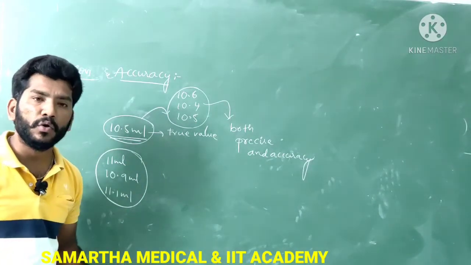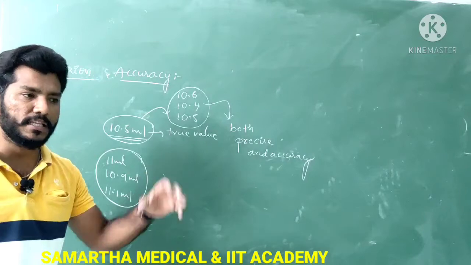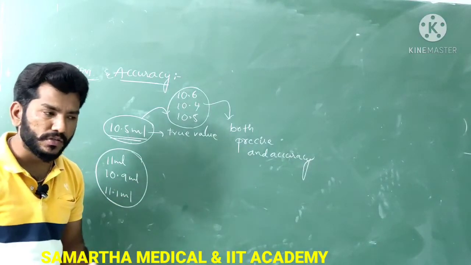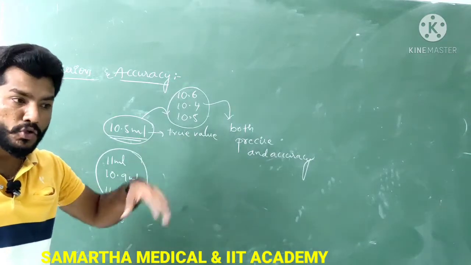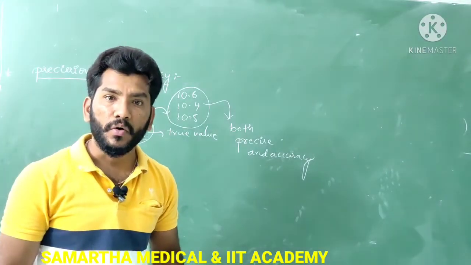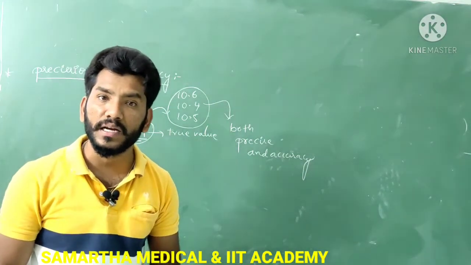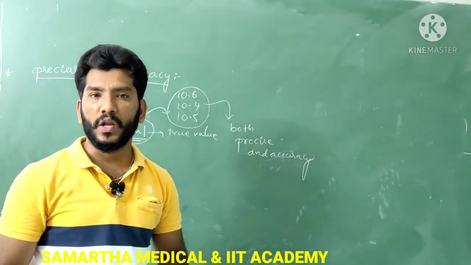And if you made many measurements and got a few values that are not close to the true value but are close to one another, those values are considered precise values.